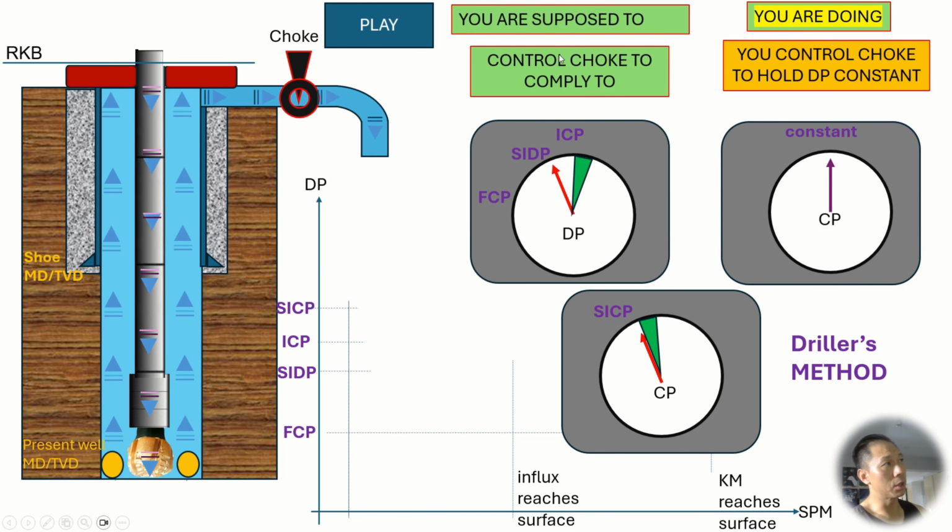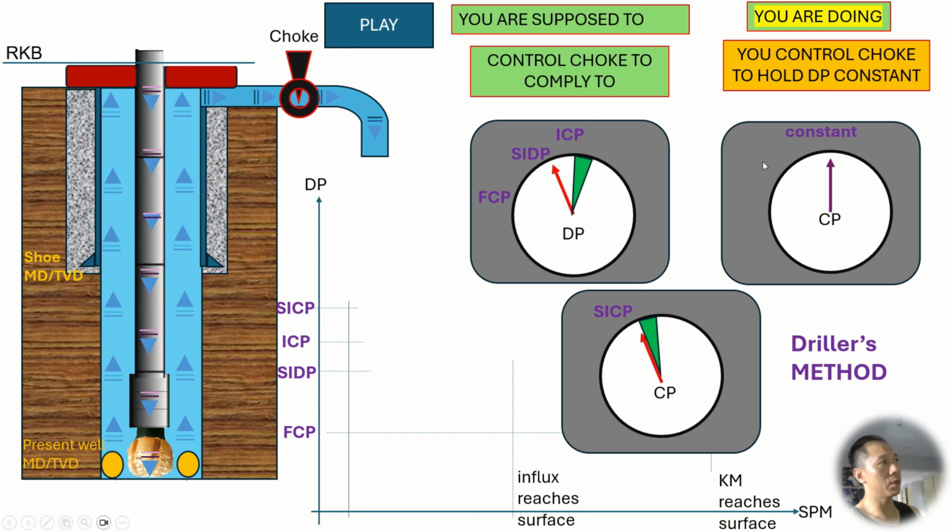Here are the gauges so that you can easily follow what I'm going after. You have the drill pipe pressure gauge and the casing pressure gauge. These two gauges are what are supposed to happen following the procedure and the principle in the Driller's method, first circulation.